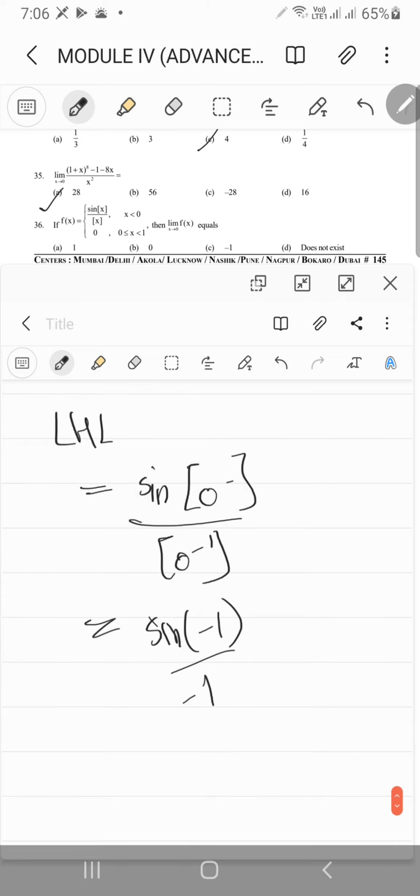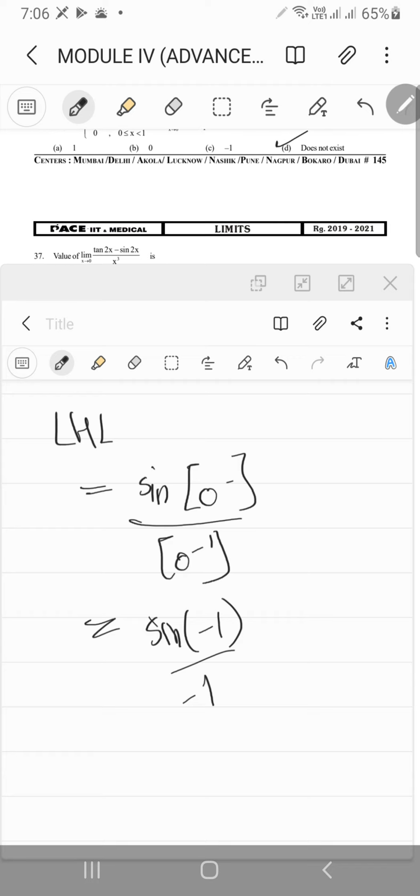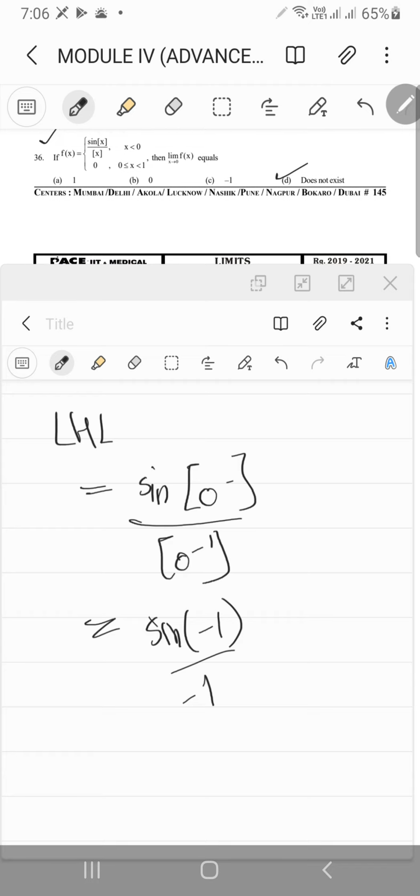And it's 0 if x is bigger than or equal to 0, so that limit is also 0. So yes, it does not exist.